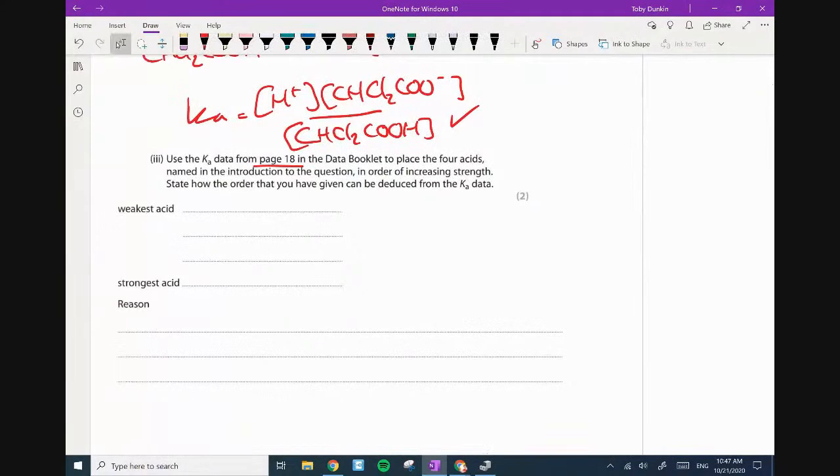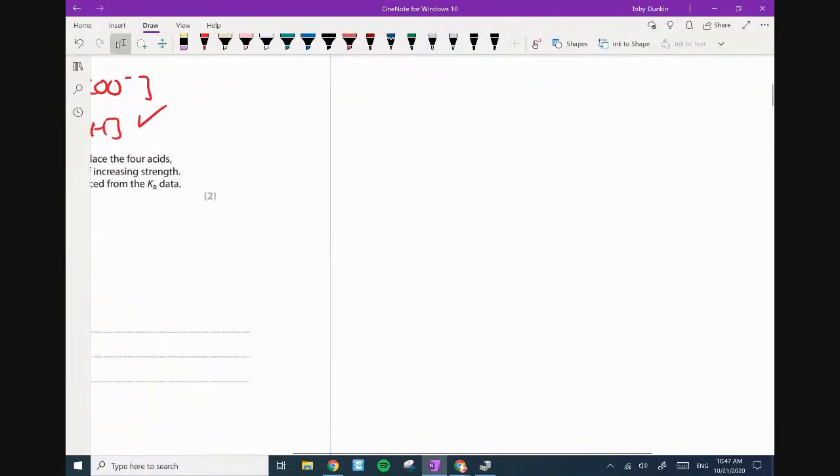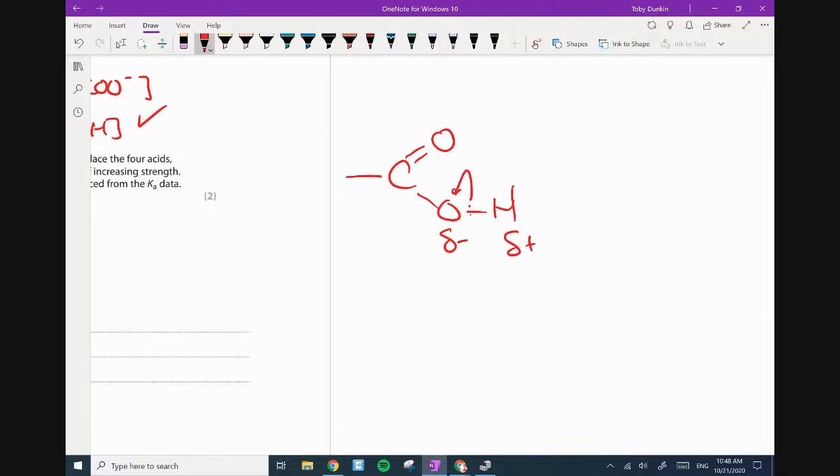I have taught you how to do this. If you have a carboxylic acid group, the reason it is acidic is because this bond here is already polarized. The electrons are down here, meaning it can break off fairly readily. Every time you add a chlorine group, chlorine is high in electronegativity, so it sucks the electron density out of the molecule.